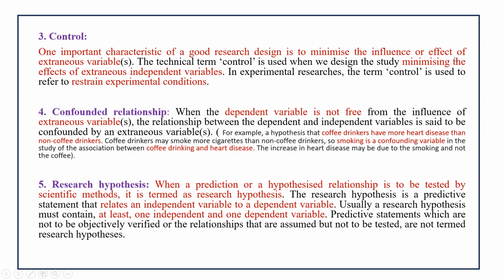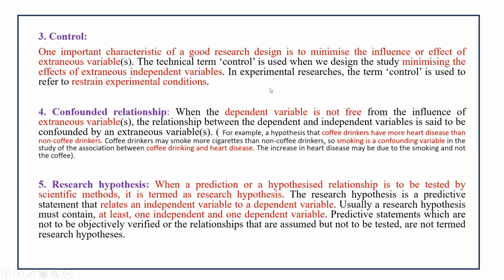So we have seen the experimental error, it means the extraneous variable. To minimize the effect of this particular variable, control is very important, because control will give you the normal situation, and then your experimental situation or experimental treatment, and the difference between the experimental situation and the normal situation you can compare because of control only.